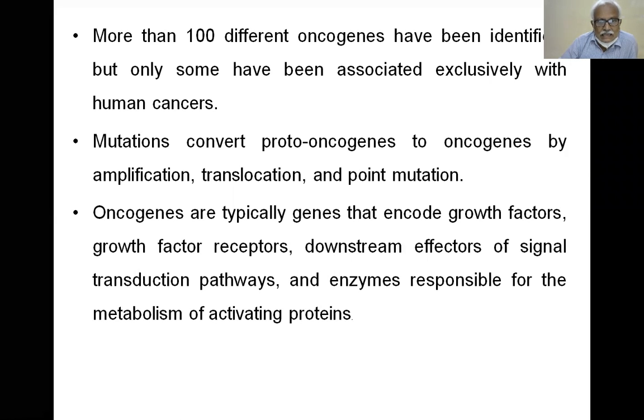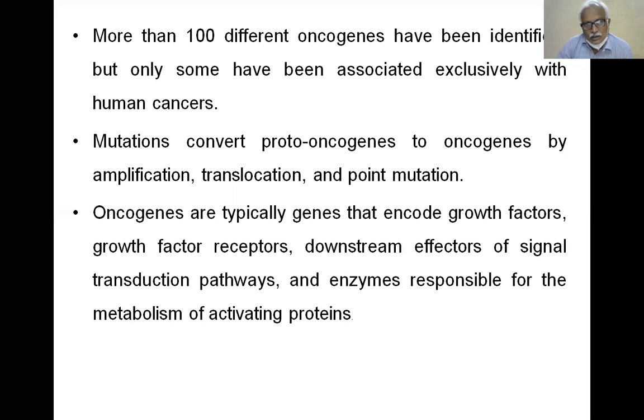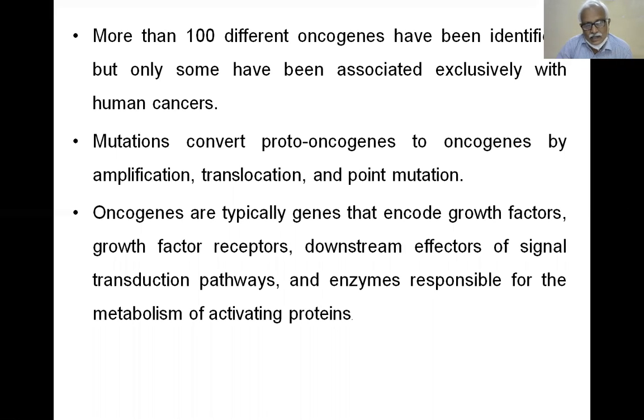So mutations convert proto-oncogenes to oncogenes by amplification, translocation, and point mutation. These are the things ultimately you should remember. You know pretty well the meaning of all this from your intermediate level of education itself.